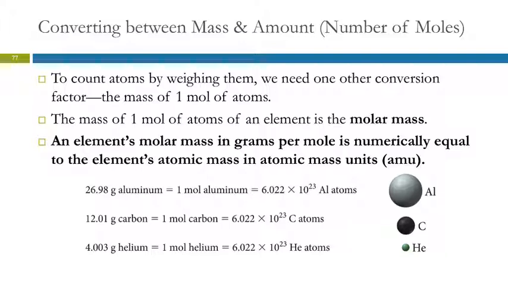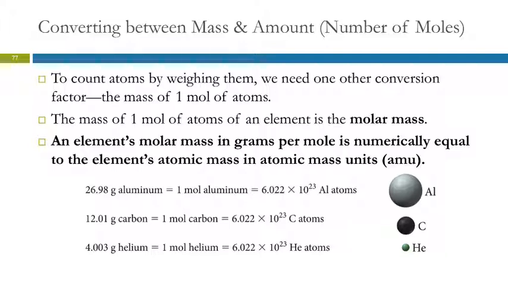So we still need one other conversion factor. The mass of 1 mole of atoms. So 1 mole of carbon-12 weighs exactly 12 grams. But what about all the other ones? So the mass of 1 mole of atoms is called the molar mass. We talked about the atomic mass, that's the mass of an atom.